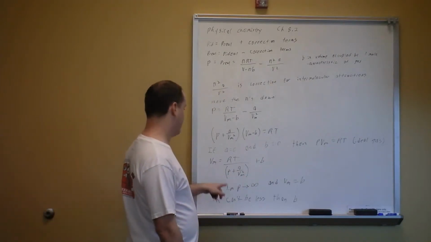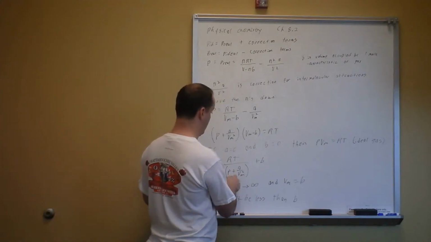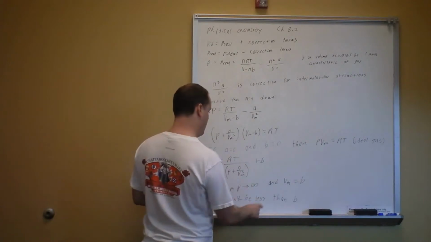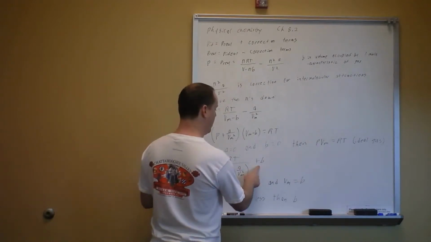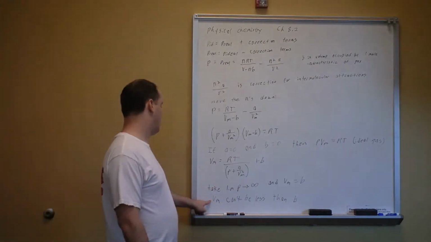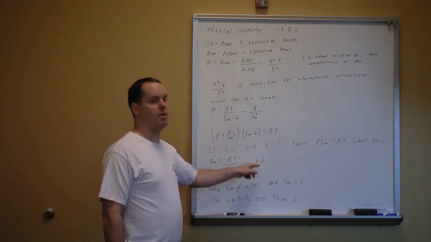Now if we take the limit of this as pressure goes to infinity, this whole term will go to 0. So molar volume is just going to be equal to b. This also tells us that the molar volume can't be less than b.